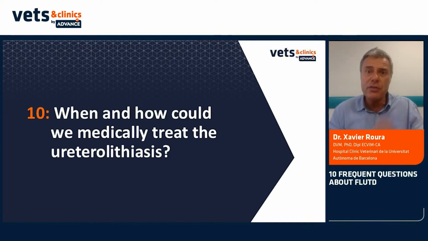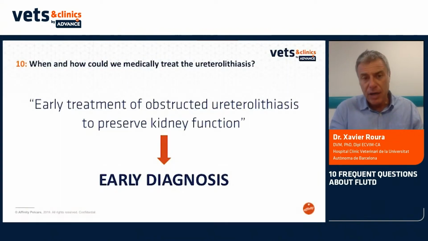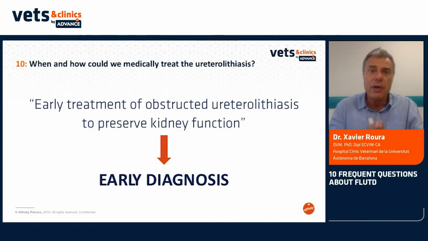So we find different diseases that affect this part of the tract, meaning the presence of uroliths in the kidney, the renal pelvis, or in the ureter. For this kind of urolith to form in the renal pelvis or the ureter, a high supersaturation index in the pelvis is necessary.